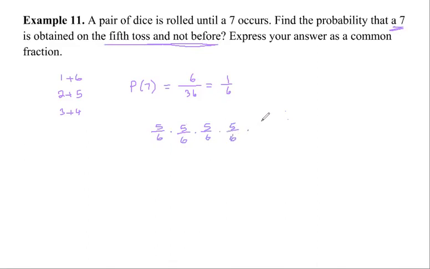And the last one we should be getting this, which is going to be our final answer: 4 5s, I mean, 625 over 7776. I think that is the case. Any question? Okay, so that was not too bad.